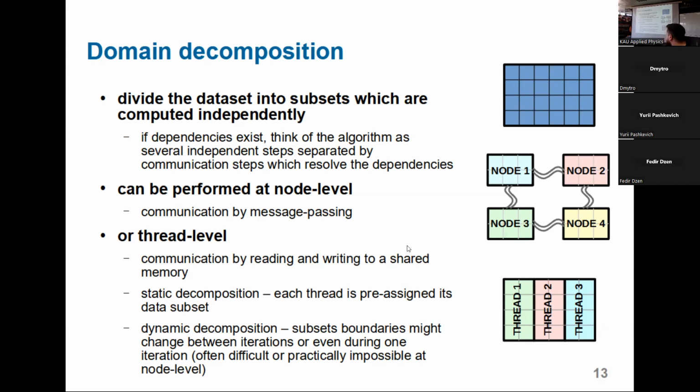If I am doing threaded shared memory communication, I will be writing and reading to those pieces of shared memory. So if I'm storing a value here and I need to know the value here, I can just look in there.